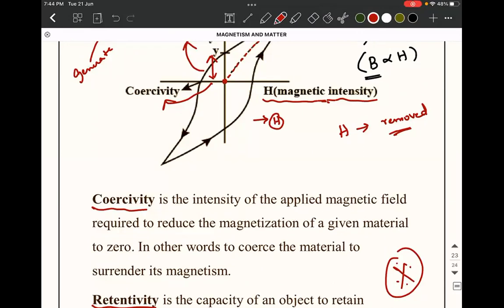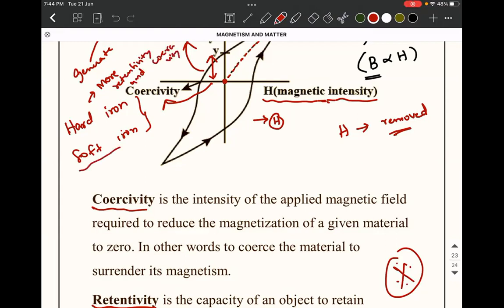if you talk about hard iron and soft iron, hard iron, that is like steel, will generally have more retentivity and coercivity. Whereas soft iron will have low retentivity and low coercivity.